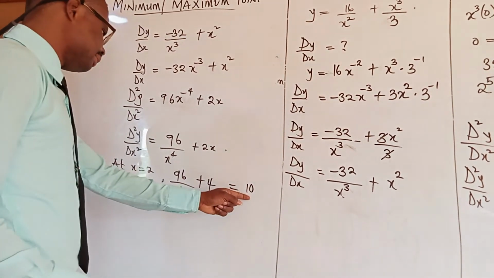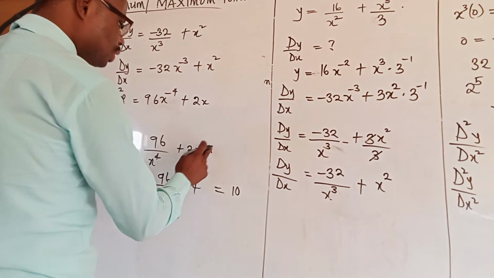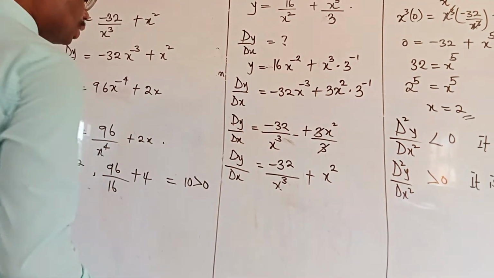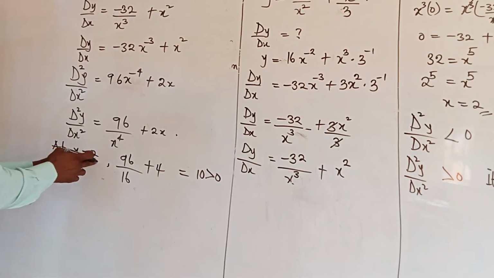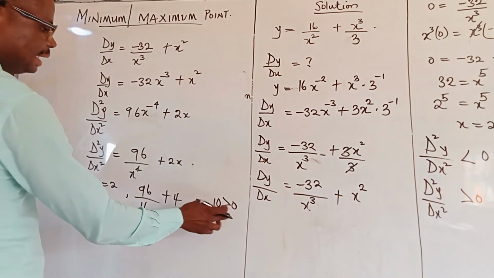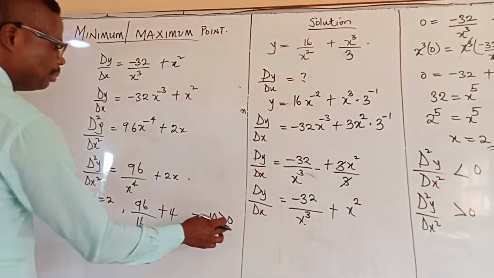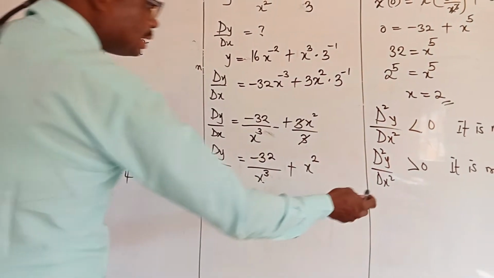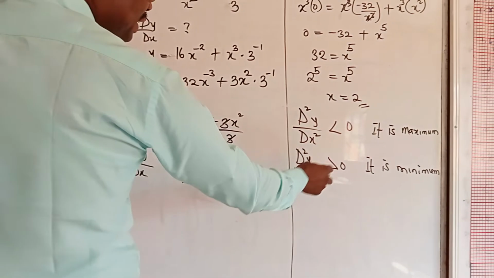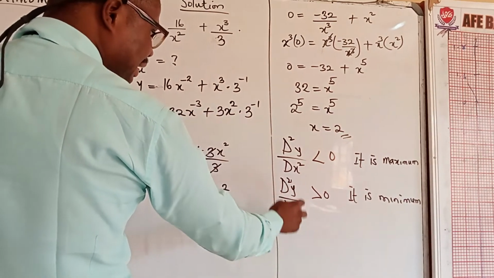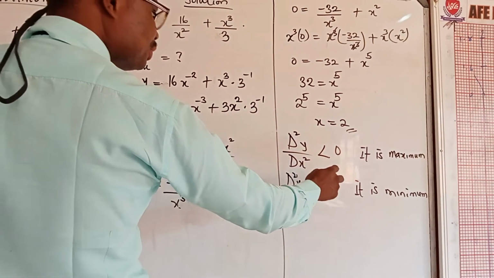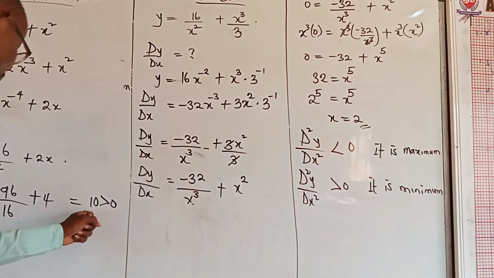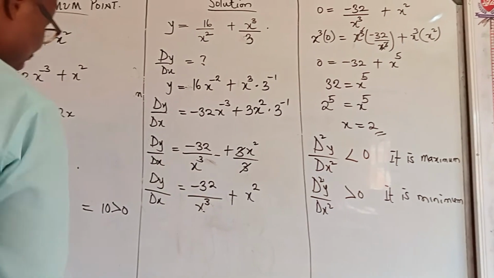So 10, is it less than 0? No, it is greater than 0. So we see that if x equals 2, then it is a minimum, because the condition says that if the second order derivative is greater than 0, then it is a minimum.